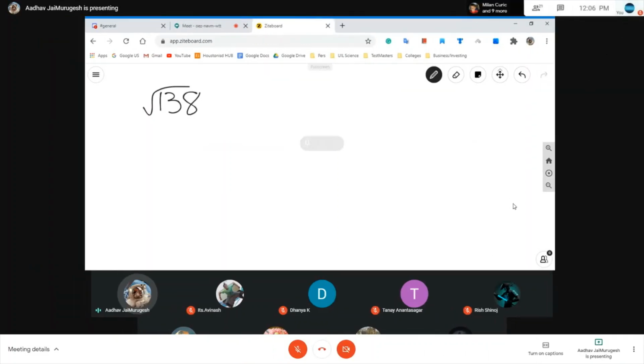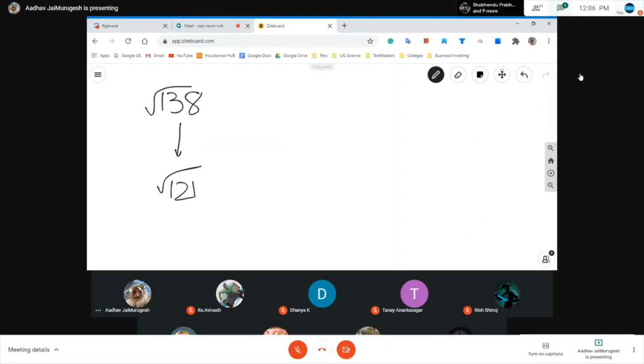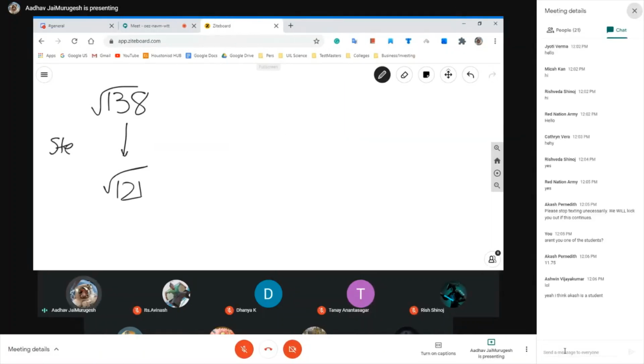So let's see how to do this. Step one is going to be trying to get the next lowest perfect square to this. The next perfect square number before this is going to be the square root of 121, and that's going to be step one. So let me write it down over here.